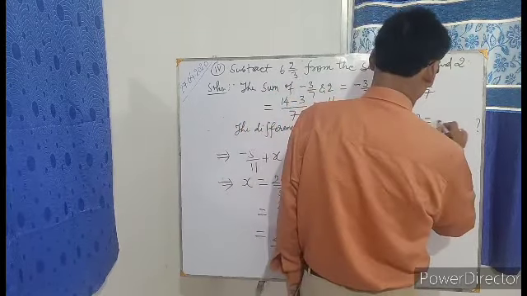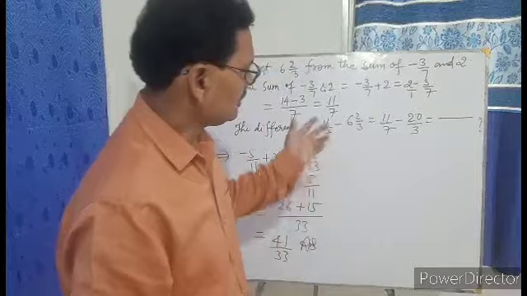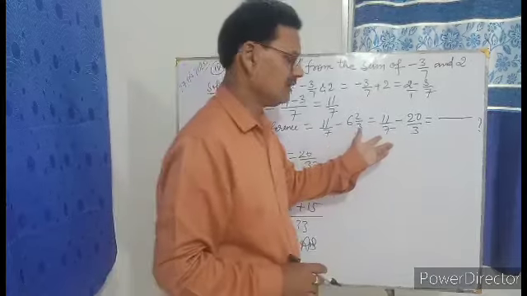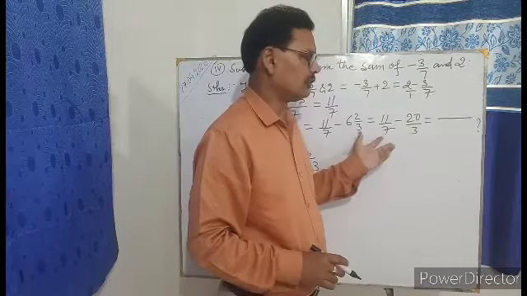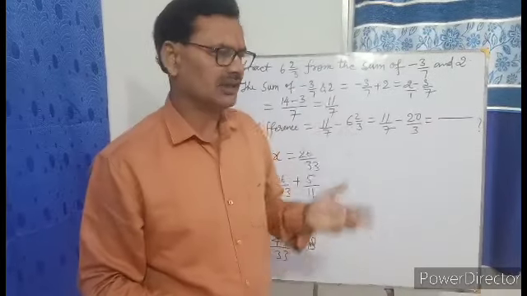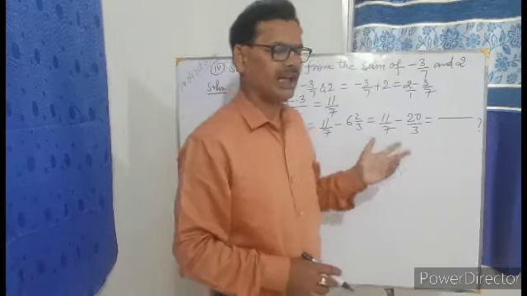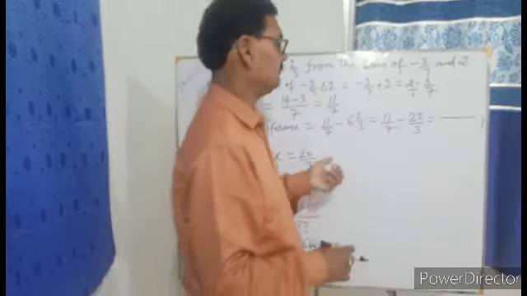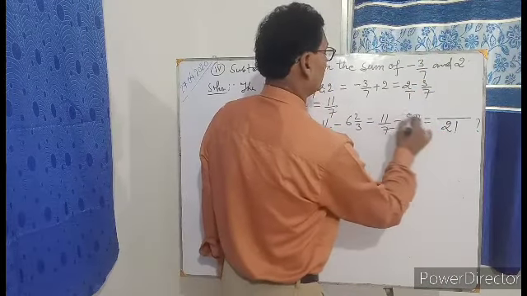Now again we will find the LCM of 7 and 3. Here the two numbers are co-prime, meaning there is no number common between them except 1. Just like 2 and 4 are not co-prime because their HCF is 2. Here 7 and 3 are co-prime numbers, so their LCM is their product, which is 21.